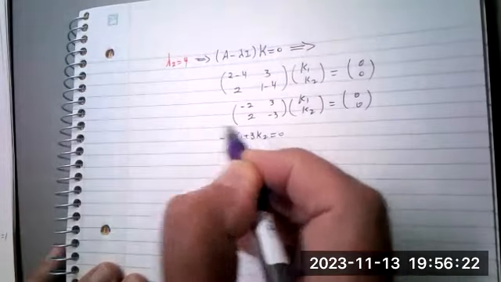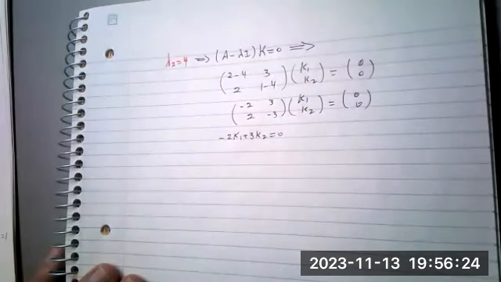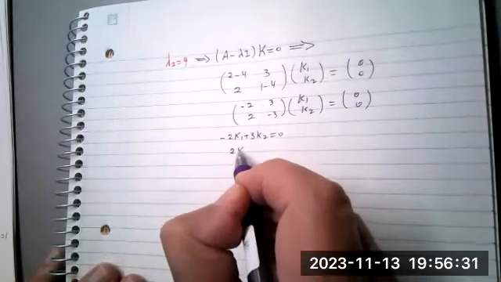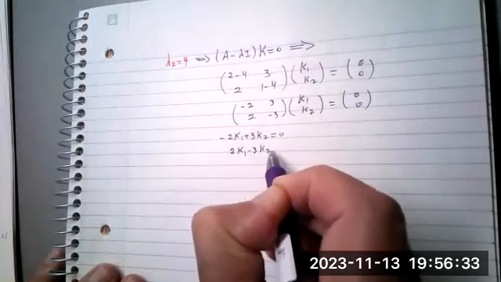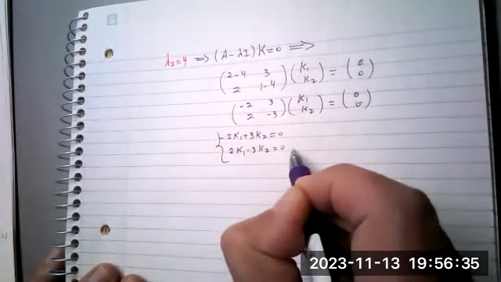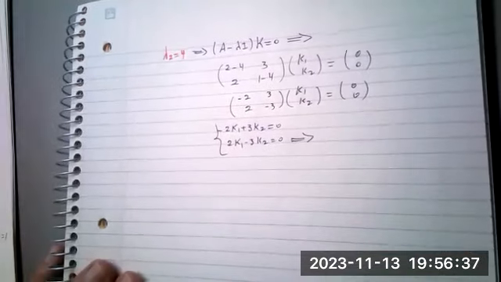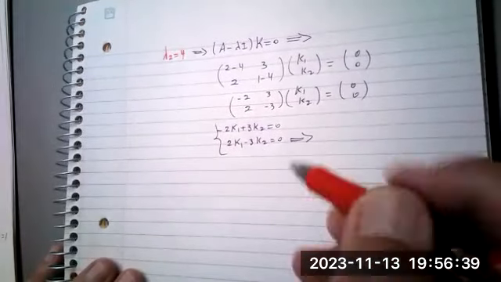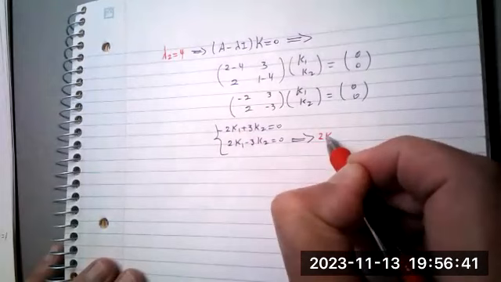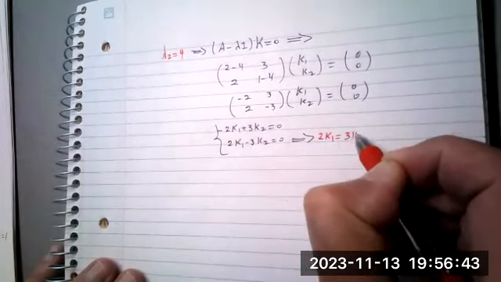You don't even have to write the second one, because both of them are the same. You can do it if you like, but you just need one of them. So that's 2K1 equal to 3K2.